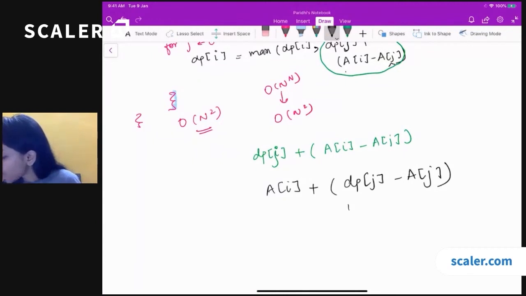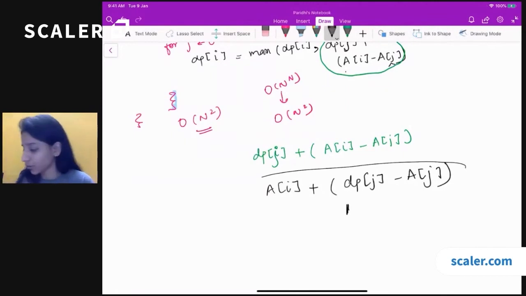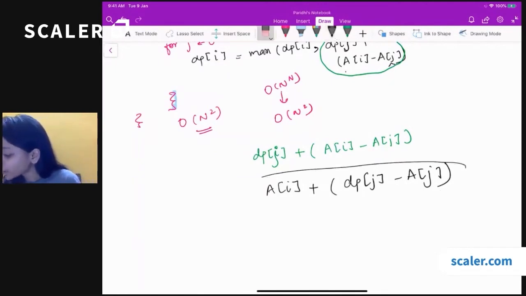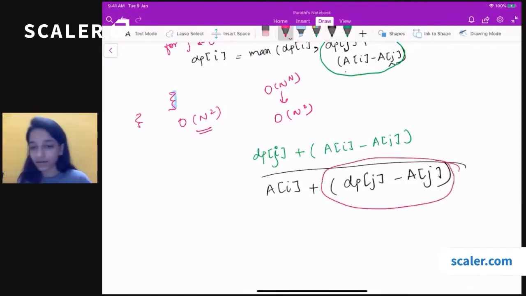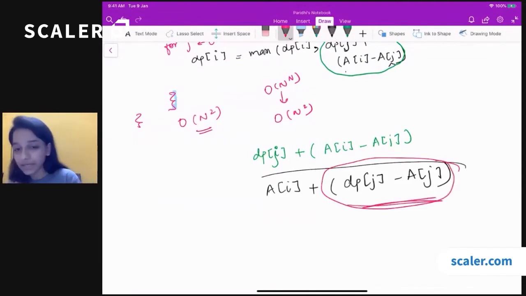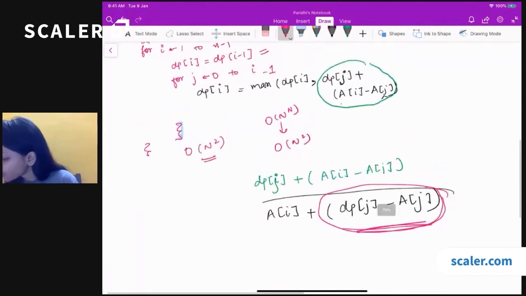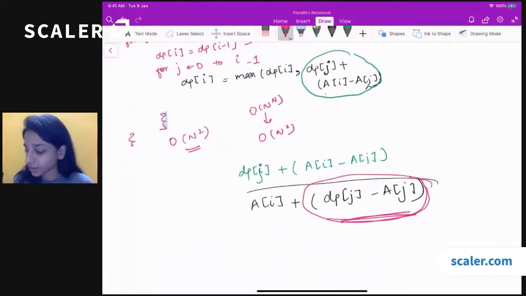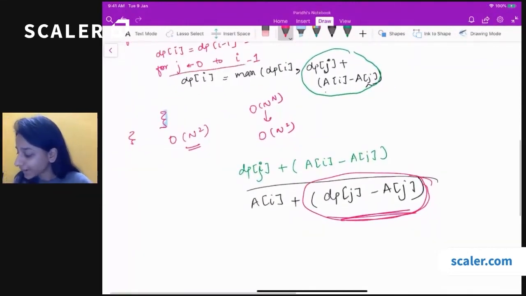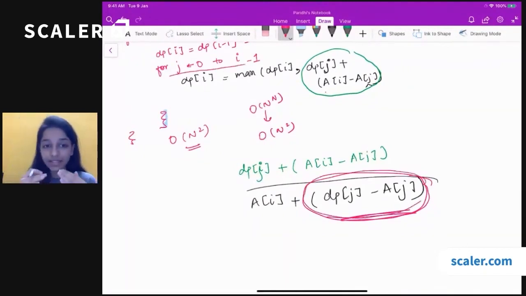So basically we have to increase our profit. To increase the profit, I want this to be increased, and for that I want this difference to be increased. We were just iterating through the j loop to get this difference so that it could be maximized.